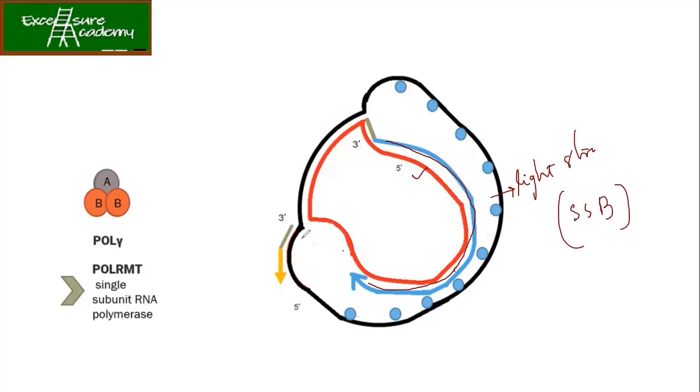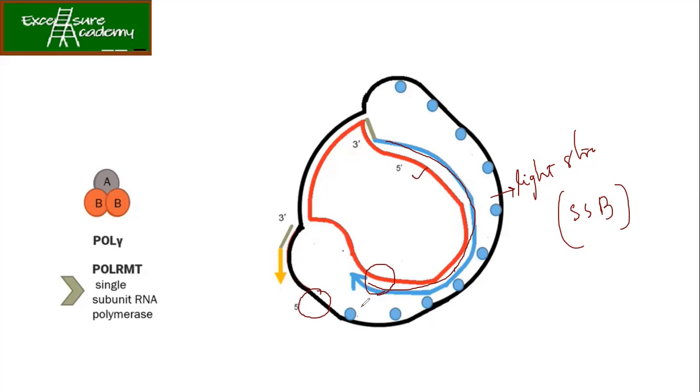Now, since here your Twinkle DNA helicase has formed the bubble, but it did not start the replication. It didn't start because, see, if it starts, what will happen? There will be a point where the DNA polymerase on this strand and the DNA polymerase over here will come together. A point will come where these two will be side by side.